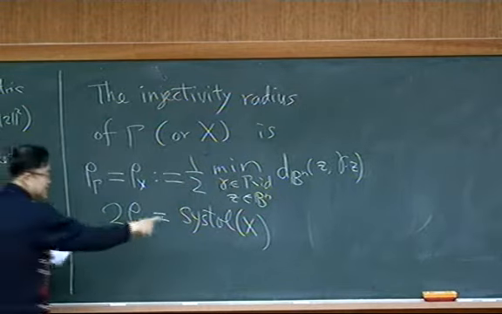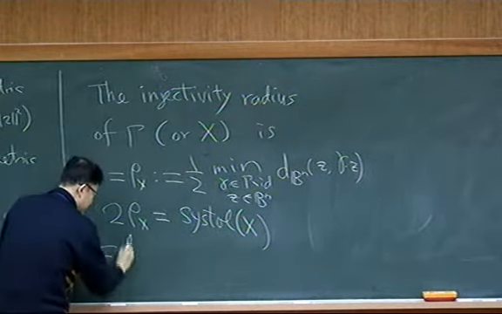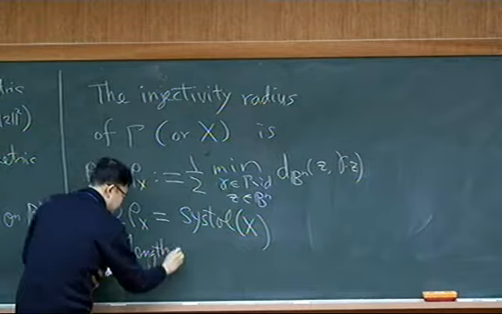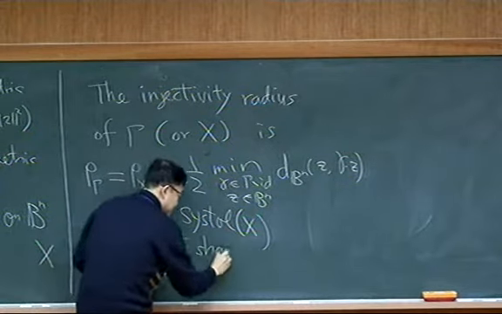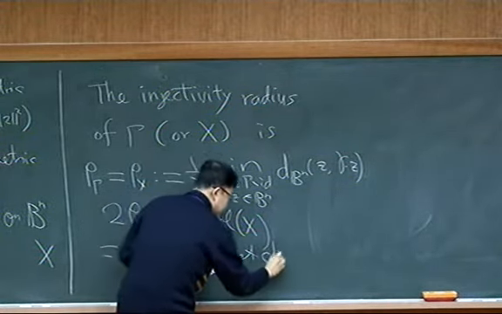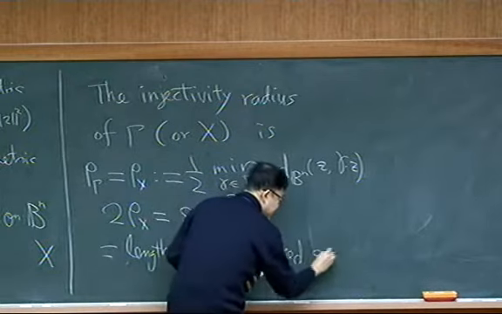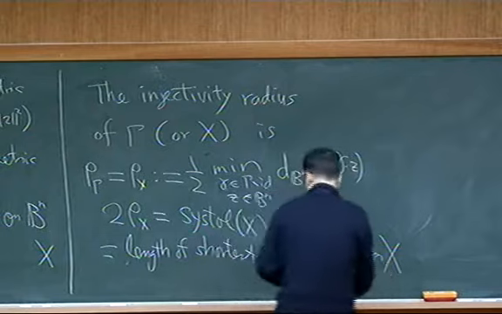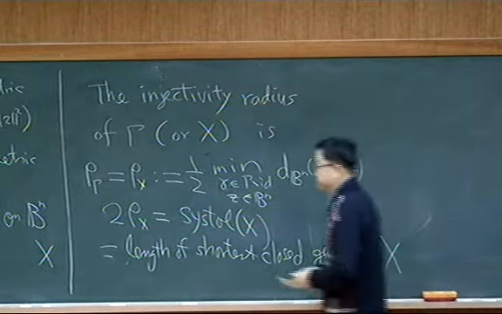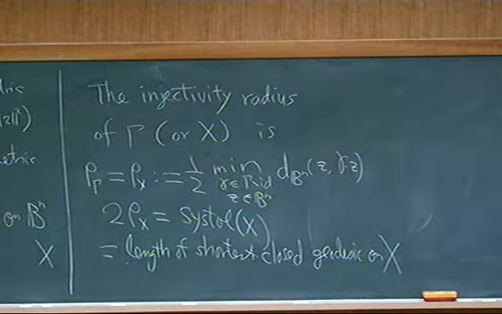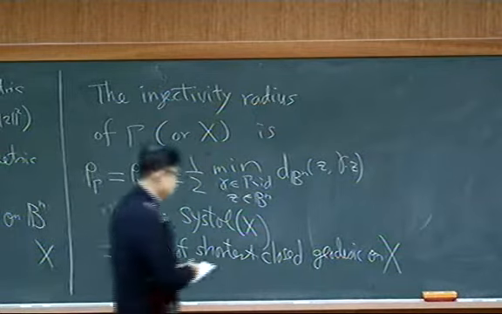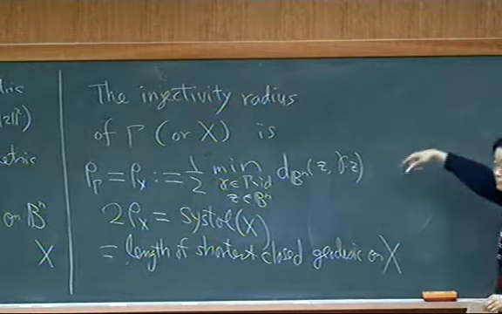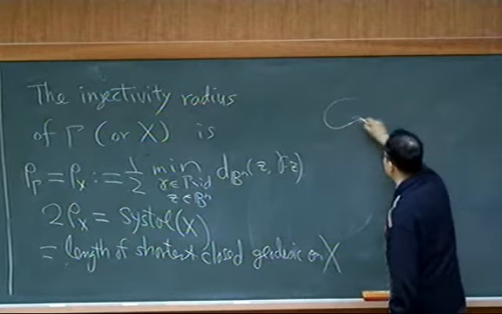And this systole means that this is the length of the shortest closed geodesic on X. So in a picture, for the compact quotients, in the one-dimensional case, it's just a Riemann surface.